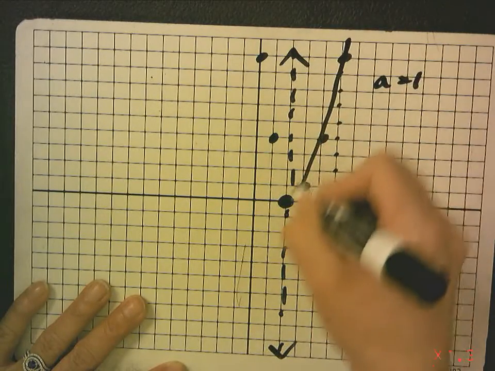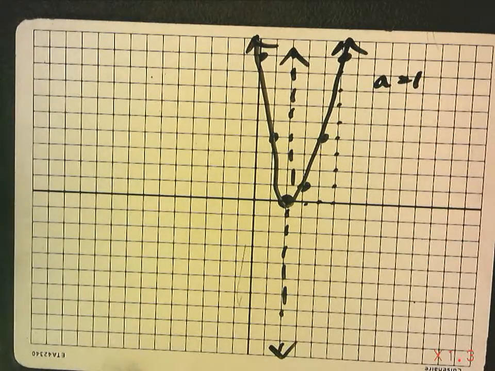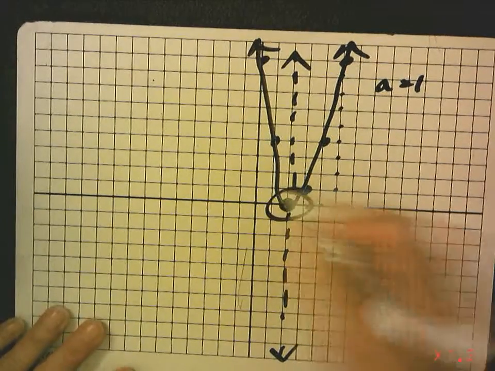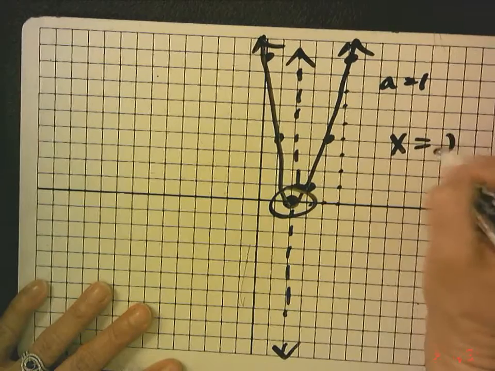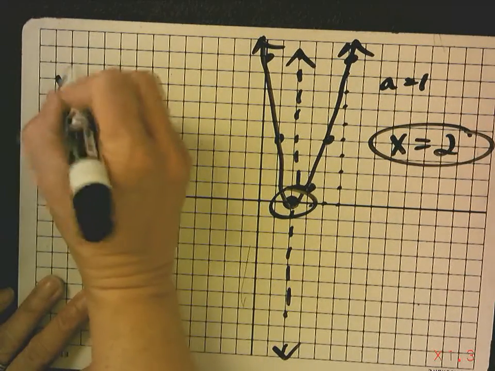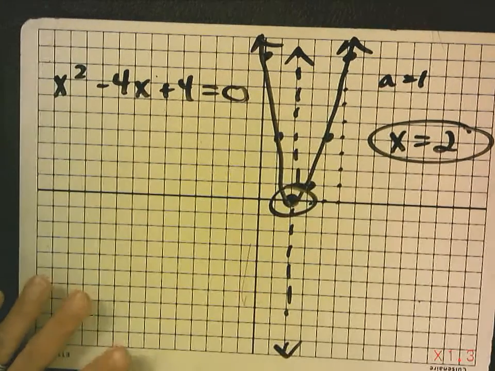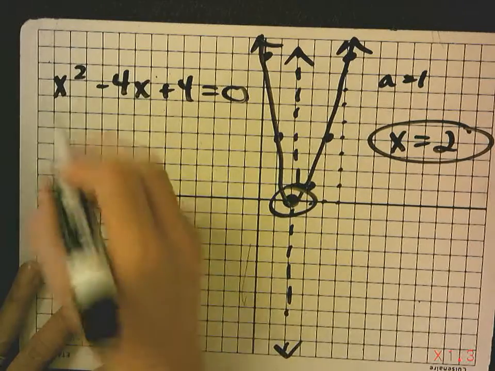Now, notice when I draw this, where is the x-intercept? Well, there's only one x-intercept, and it's at x equals 2, which means the solution to this equation is x equals 2. Let's see if we can factor it and see if we get the same answer.